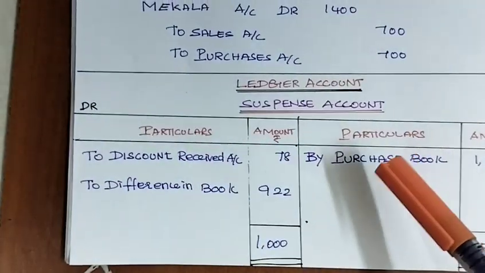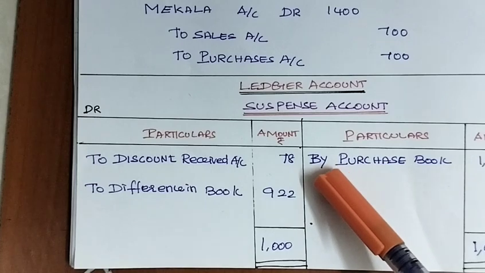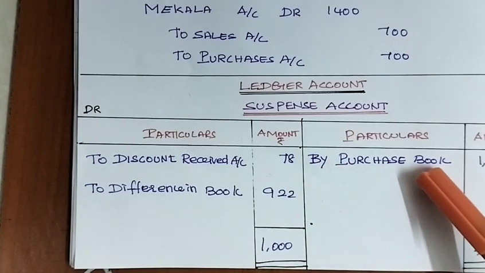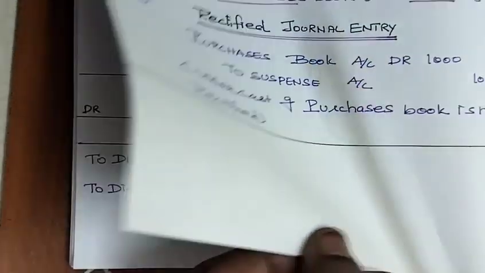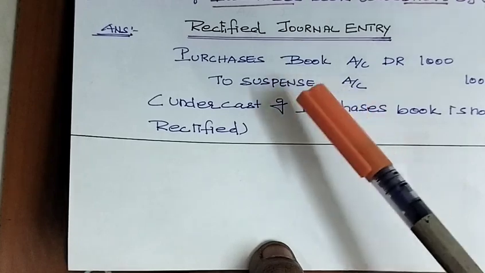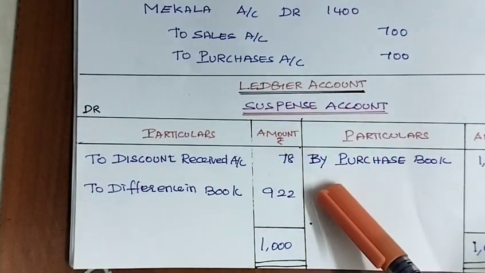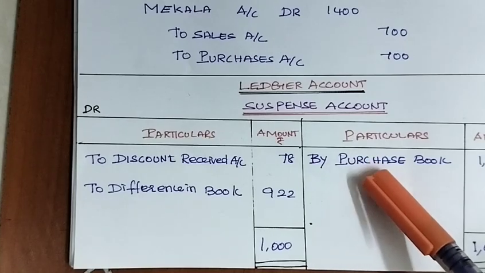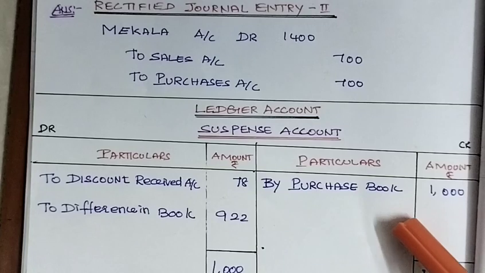So we post it on the credit side, purchases book account 1000 rupees. Why do we go to the credit side? Because the suspense account is on the credit side. We enter the opposite account here, 1000 rupees.